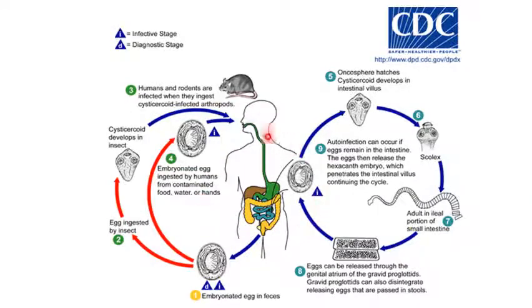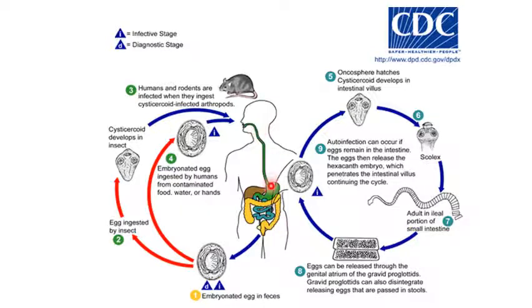As you see in the life cycle, actually this egg is the diagnostic and infective stage at the same time. It is either taken by man as an embryonated egg ingested from contaminated food, water, or hands.